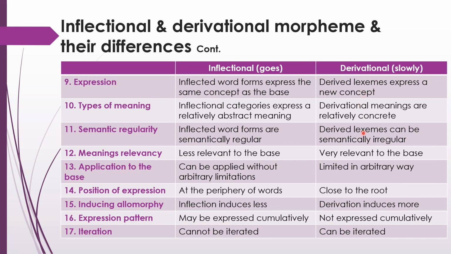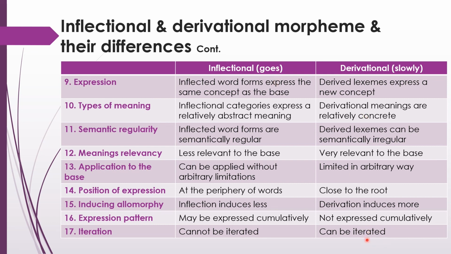And then expression of patterns: it can be expressed cumulatively. Cumulatively, that means gradually, whereas derivational is not expressed gradually. Iteration, that means repetition, so inflection cannot be repeated, that means we cannot repeat inflectional morphemes, but we can repeat derivational morphemes, so that's why it can be iterated.